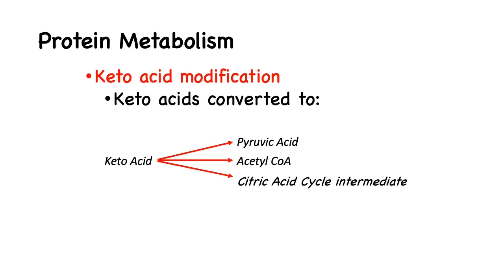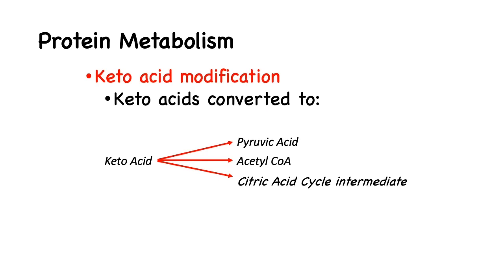If a keto acid is converted into pyruvic acid, that pyruvic acid then can be used to synthesize glucose or glycerol required to make triglycerides. If it is converted into an acetyl-CoA, the acetyl-CoA can be used to make the fatty acids of the triglycerides, ketones, cholesterol, or additional ATP by way of the citric acid cycle and the electron transport chain.